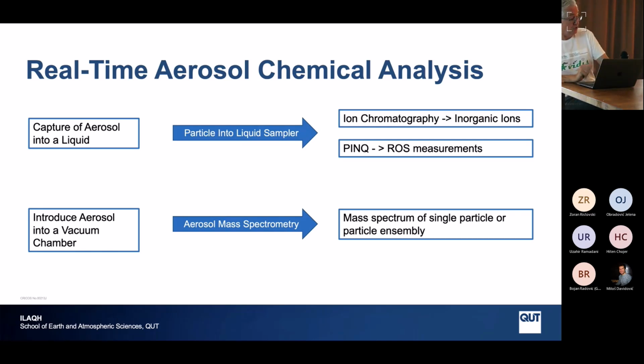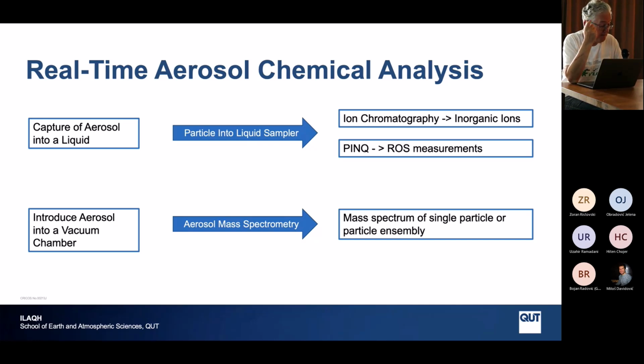So, two ways to do that. As we said, one way is to capture the aerosol in liquid, and we spoke about that in the last hour. Once they're in a liquid, water, solvent, alcohol, anything, you put them into ion chromatography, looking for inorganic ions, or you do the RF measurement, but you still have that interface of the liquid.